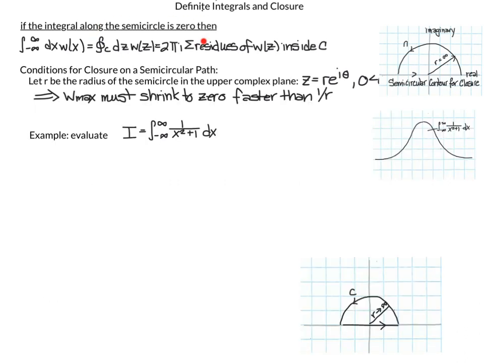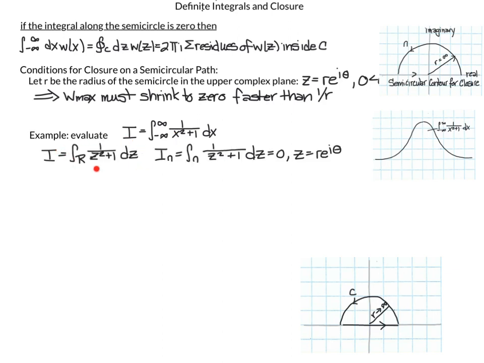I have my summaries here, including the conditions for closure, so that we can do this integral. Evaluate I equals the integral from negative infinity to infinity of 1 over x squared plus 1 with respect to x, where it's understood that x is a real variable and 1 over x squared plus 1 is a real valued function of x.